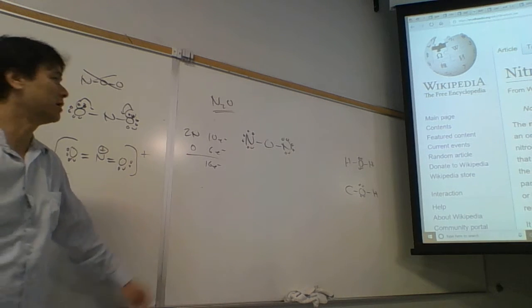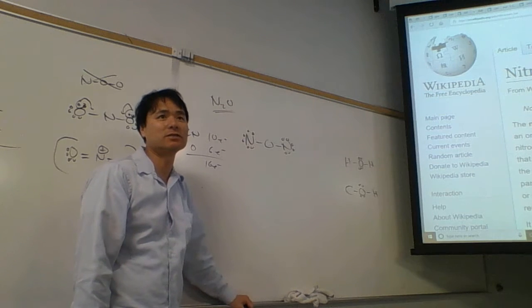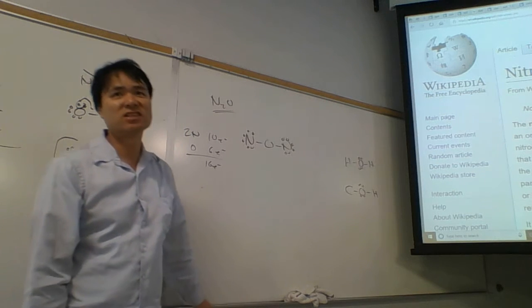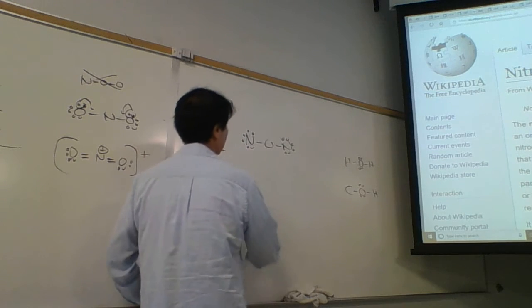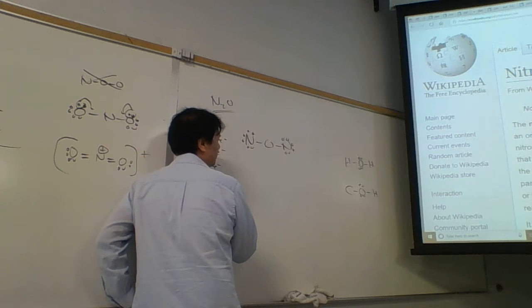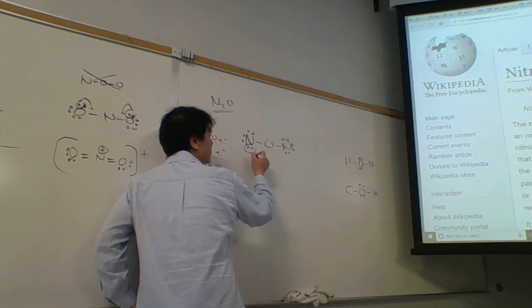Octet is 8, so I have an octet here, 8, octet here, 8. 8 plus 8 is 16. That's 16 electrons. Is this a good structure? No. The oxygen doesn't have an octet. In fact, I probably should have filled the oxygen's octet before nitrogen, shouldn't I? Because oxygen's more electronegative, but that's okay.